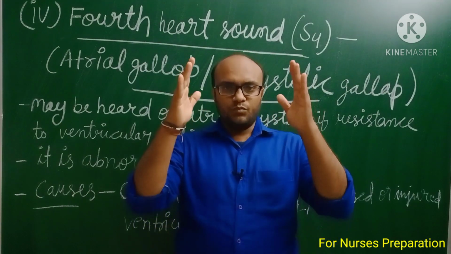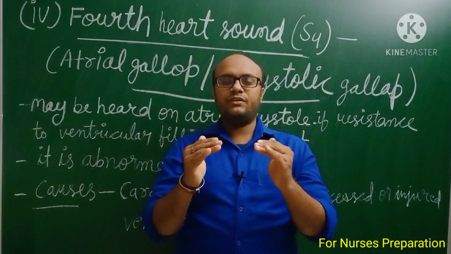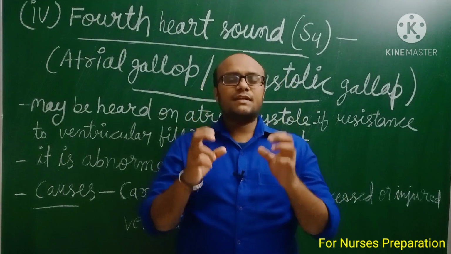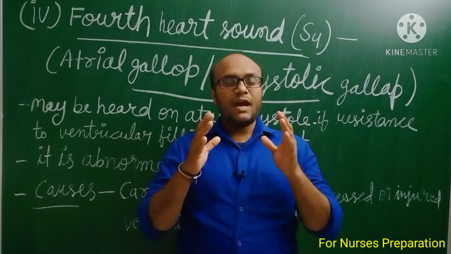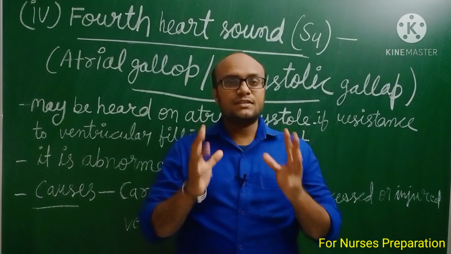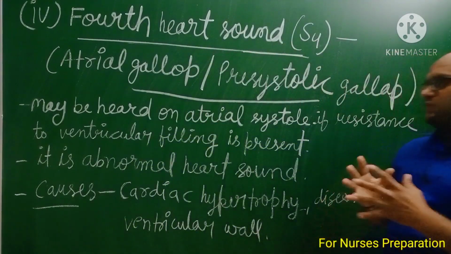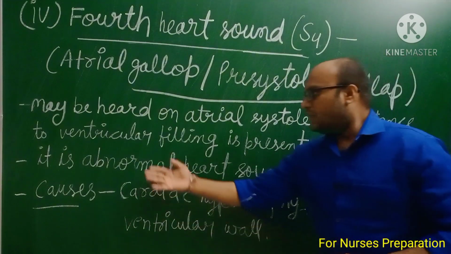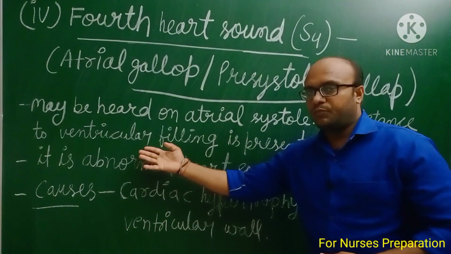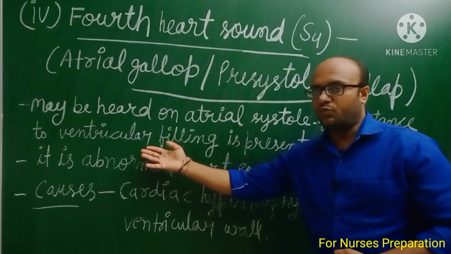When the blood moves from the atrium to the ventricle, if there is resistance, due to this resistance a sound is produced known as the S4 sound. This is all about the production of the S4 sound.